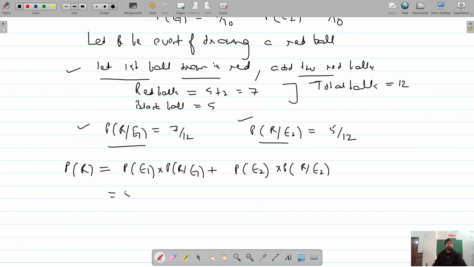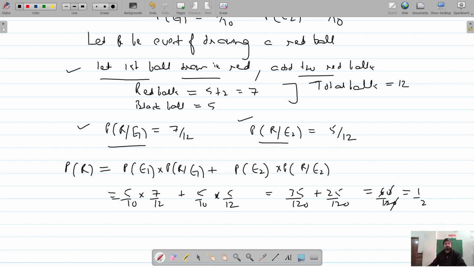So this is 5 by 10 into 7 by 12 plus 5 by 10 into 5 by 12. This gives 35 by 120 plus 25 by 120, which gives 60 by 120, and that should be half. So this is our answer for question number 1.